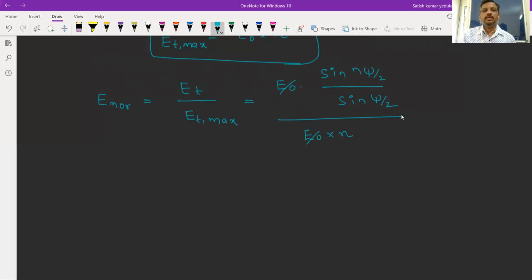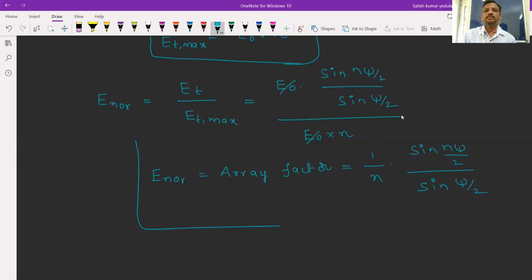E0 gets cancelled, and your final expression for the E normalized component, also called the array factor, a very important question in engineering, is equal to 1/n into sin(nψ/2) by sin(ψ/2).